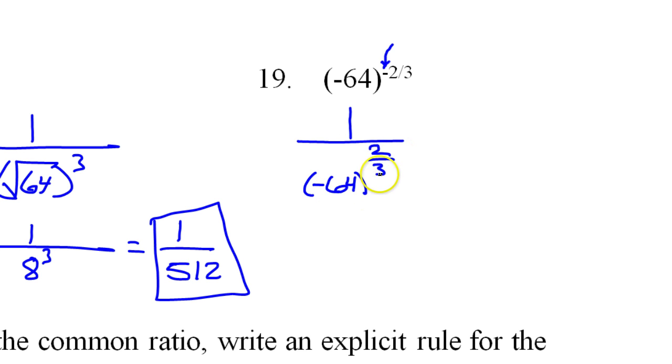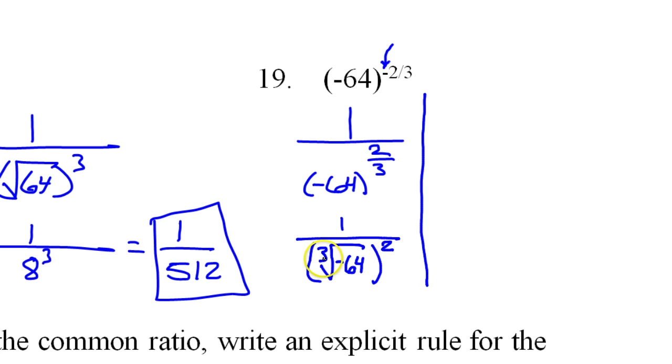And again, we have power over root. So this is going to be the same thing as 1 over, alright, that's cube root. So we're doing the cube root of negative 64. And then 2 is the power. So we're going to wind up squaring that.